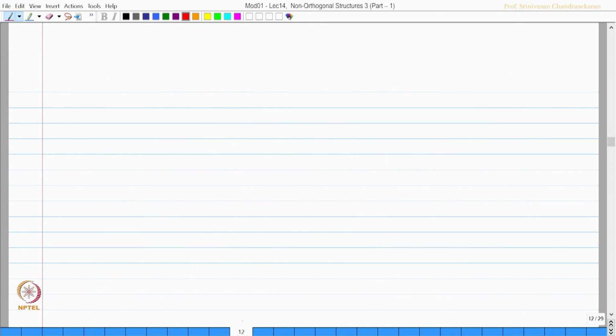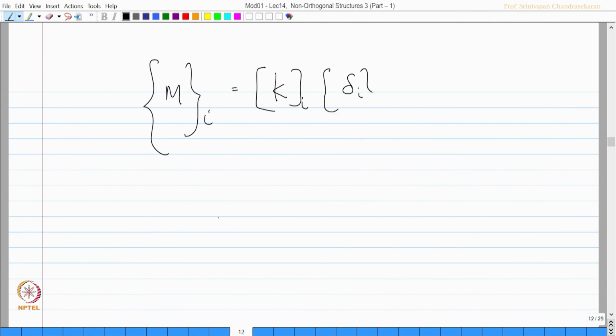Once I get this, then the end moments m I of the member will be equal to the k local of the member multiplied by delta I of the member plus fixed end moment vector of the ith member.